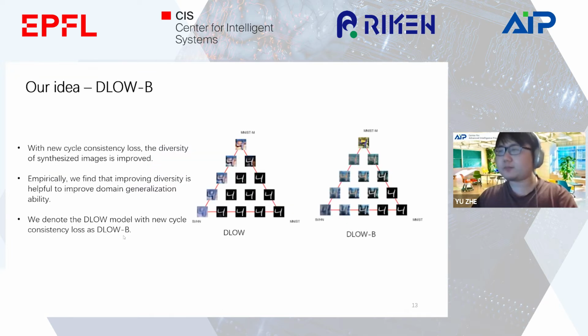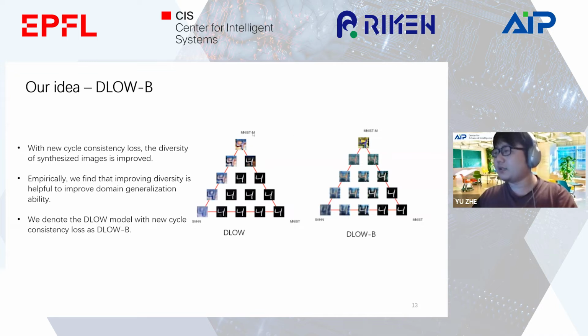With this new cycle consistent loss, we find that the diversity of the synthesized images is improved, as the red figure shows. The left figure is the original DLO model and its output. The red figure is the DLO model with the new cycle consistent loss.